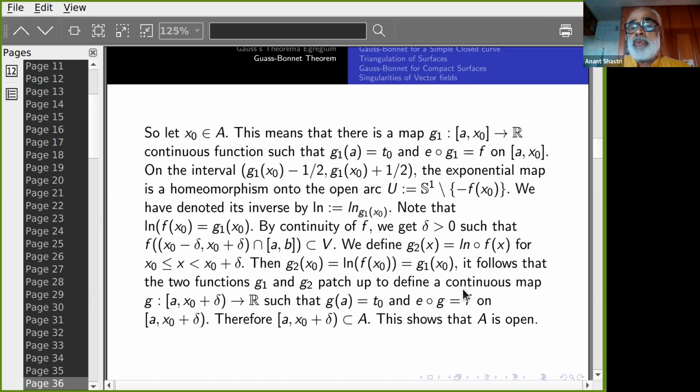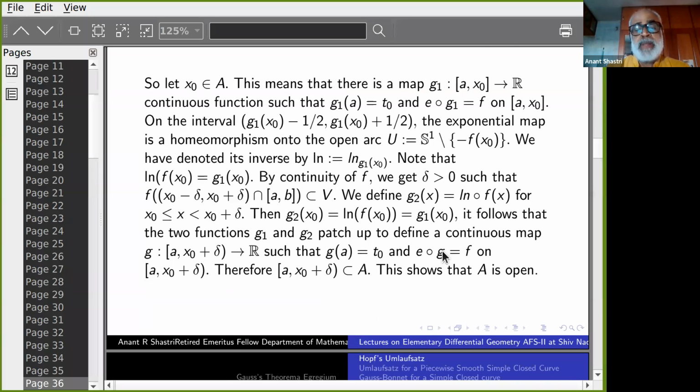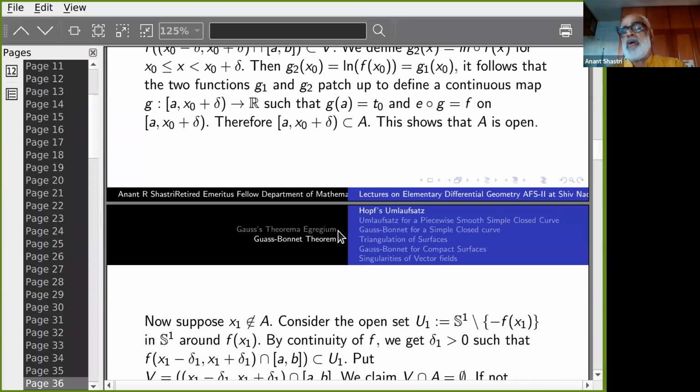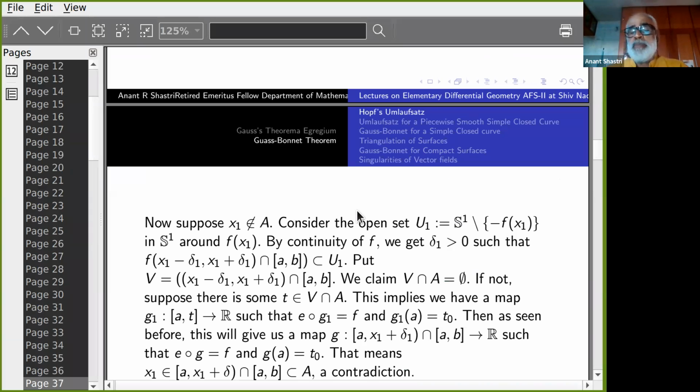The proof that A is closed is identical, but you have to say this is not, and so on. So let us go through that one. Now suppose x1 is not a point of A. What does that mean? We don't have a function satisfying all these properties all the way from A to x1. That is the meaning of it not being inside A. Take a u1 in exactly the same way, namely S1 minus f of x1 thrown out.